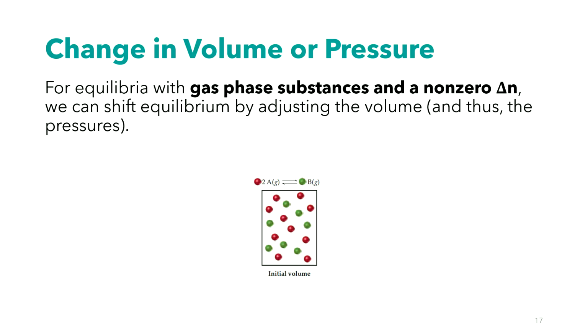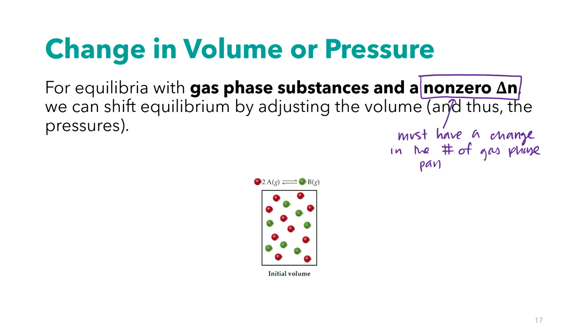This is only going to work for gas phase reactions where we have a non-zero delta N. So we have to have a change in the number of gas phase particles for this to work. All right, so we're looking at 2A converts to B.